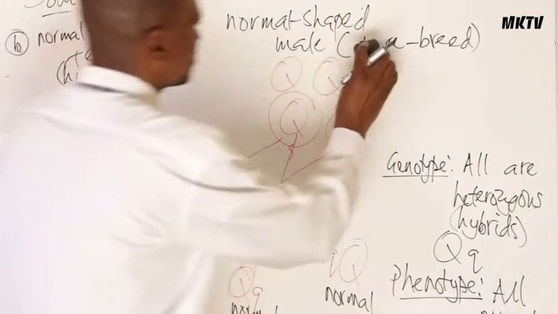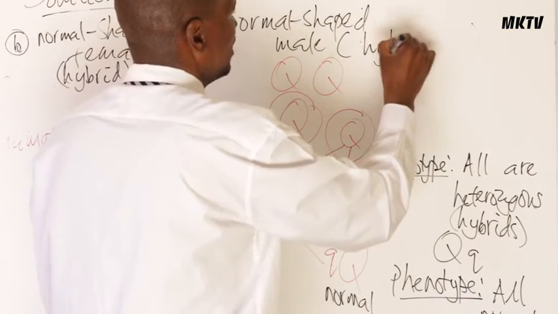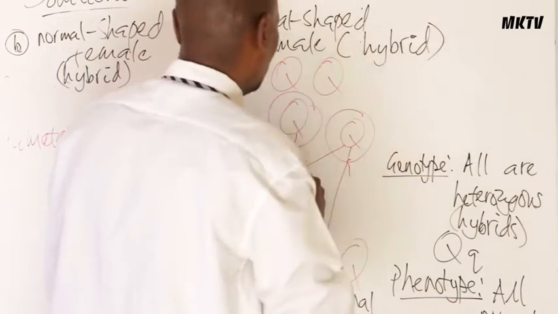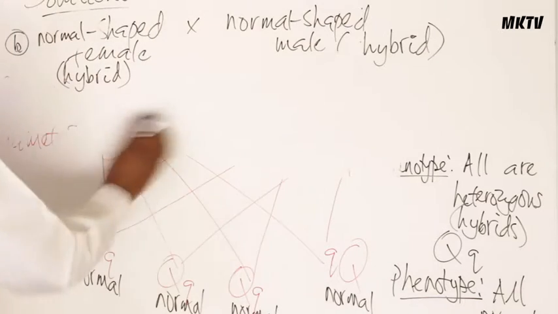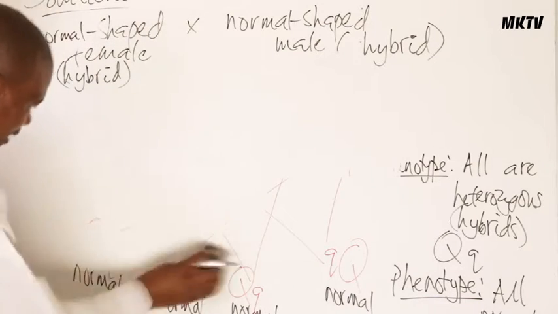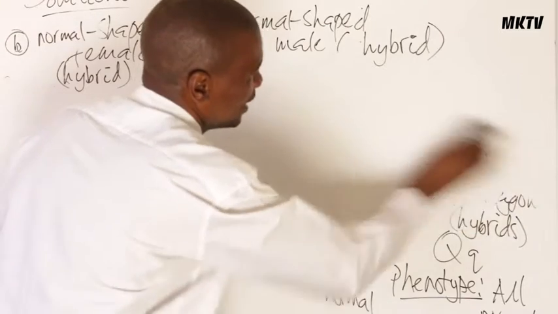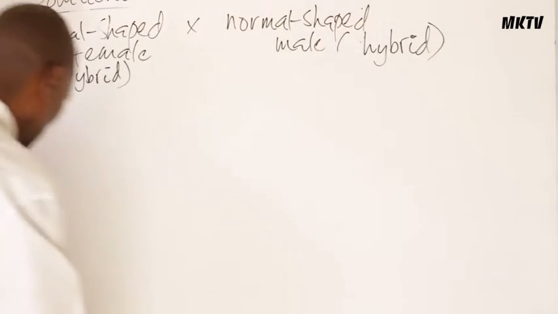This one was also specified that it looked normal on the outside, but on the inside it was a hybrid. And remember, there's a talk that what is inside determines what is outside, and that's exactly what we're doing here. So we have got the normal shaped, but it's a hybrid.